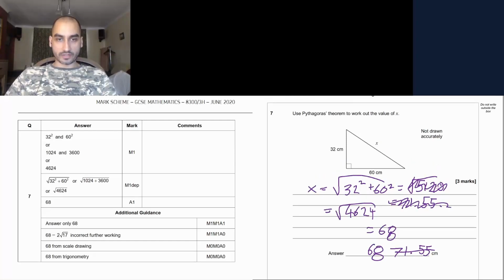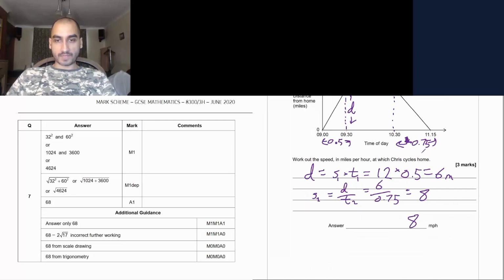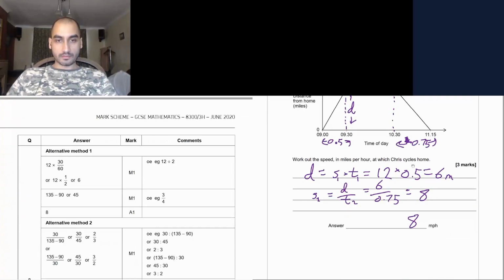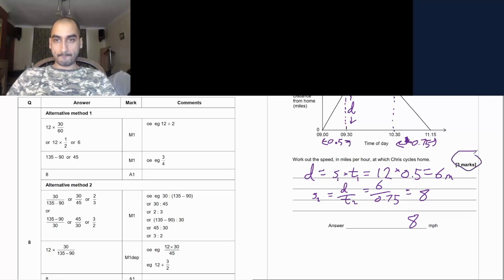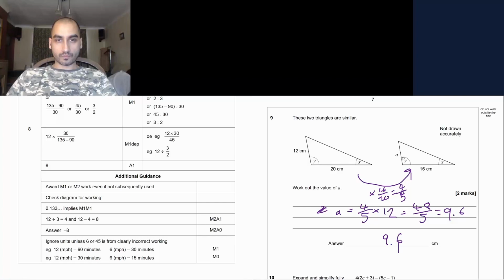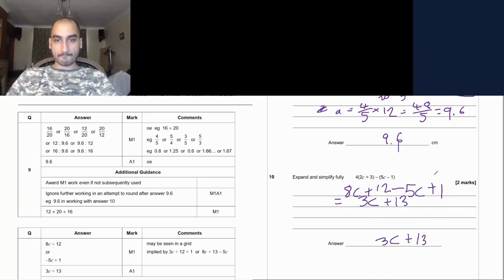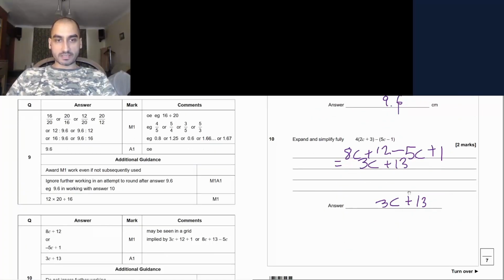$68. Correct. So I got that wrong at first, but I checked my marking, checked my answer. 8 miles per hour. Yep. $9.6, correct. 3C plus 13.